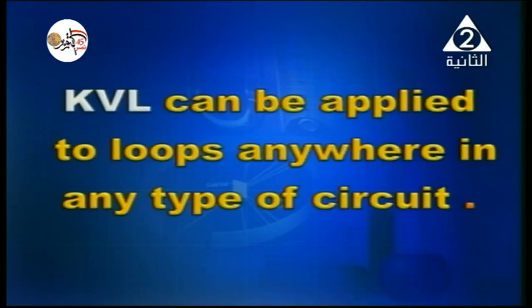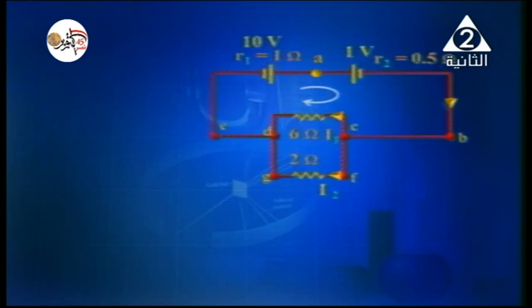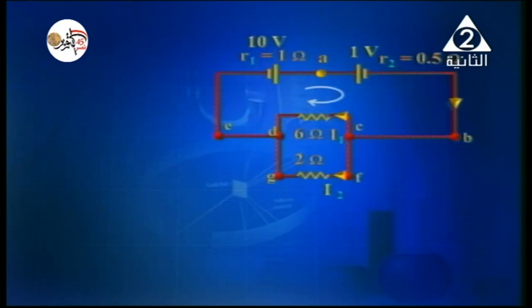Kirchhoff's voltage law can be applied to any loop, anywhere, in any type of circuit. In front of you, we've got a circuit. The circuit contains two cells: a 10-volt cell with internal resistance R1 of 1 ohm, and another cell with EMF of 1 volt and internal resistance equal to 0.5 ohm.